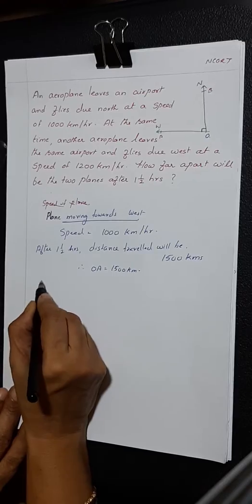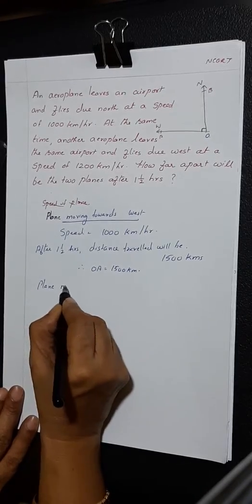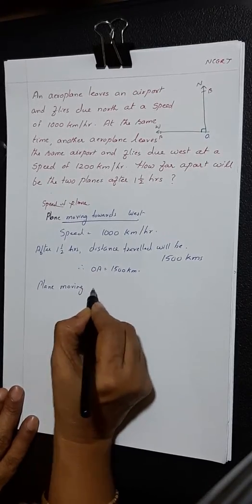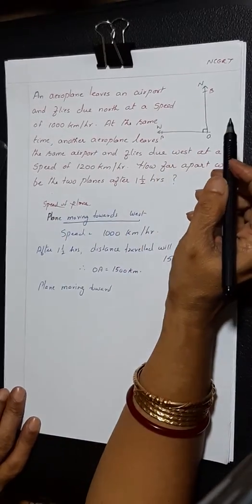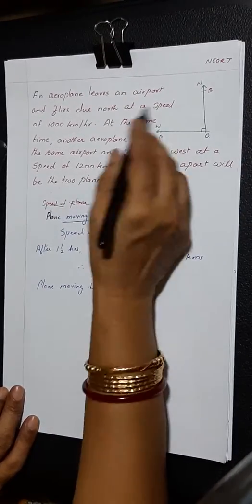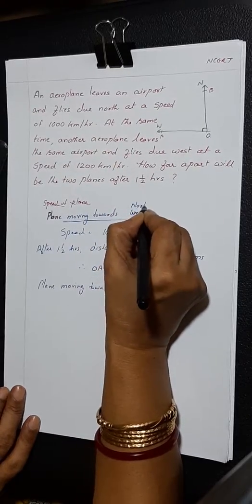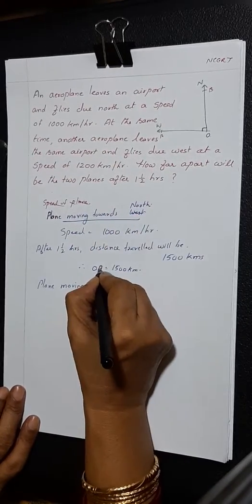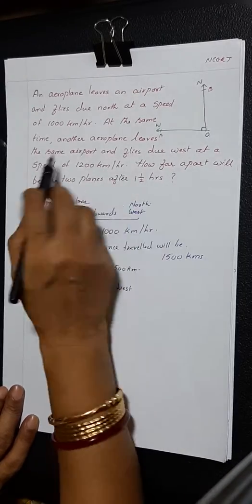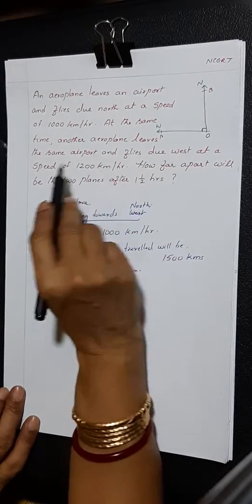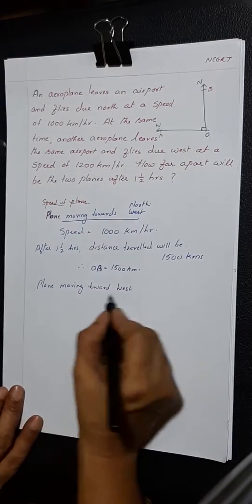Now, the plane moving towards north, so this is OB. The plane flies due north at a speed of 1200 kilometers per hour.